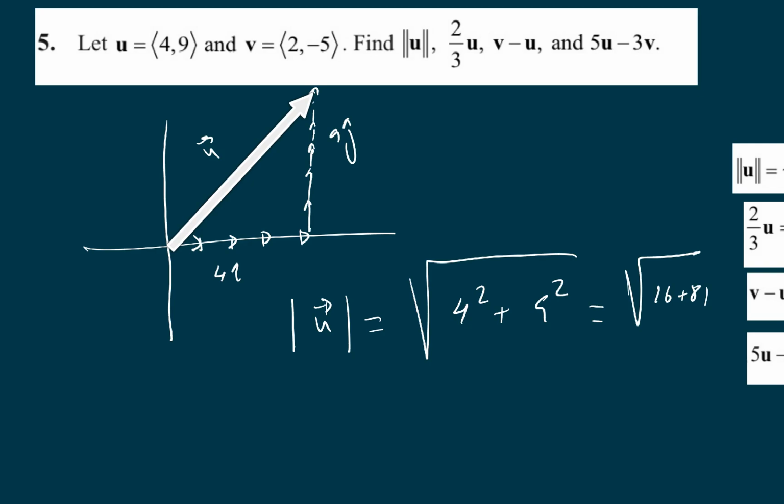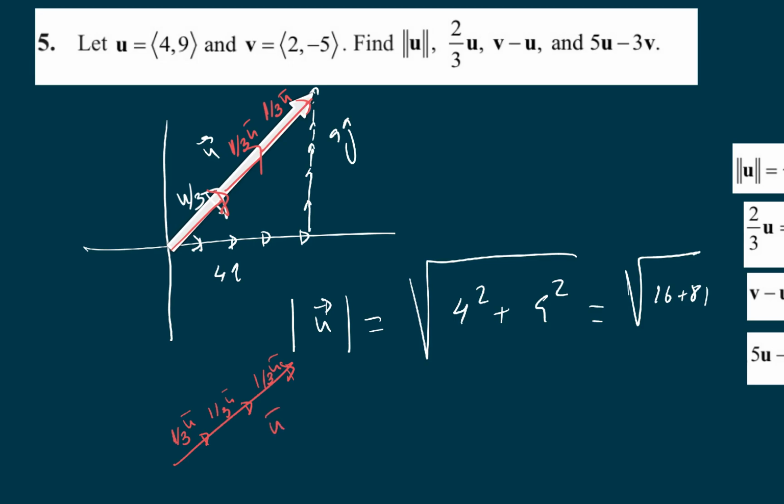If you divide the length of the vector into three equal parts, every part will be 1/3 of u. So the vector u is made of 3 vectors, each 1/3 of u, and the sum of the 3 vectors will be u.